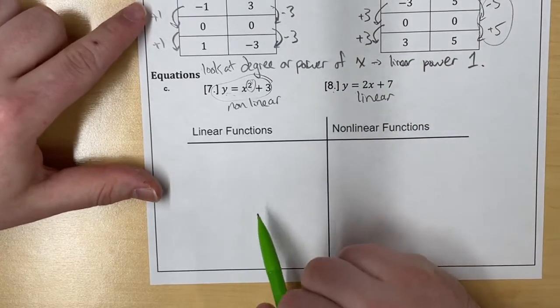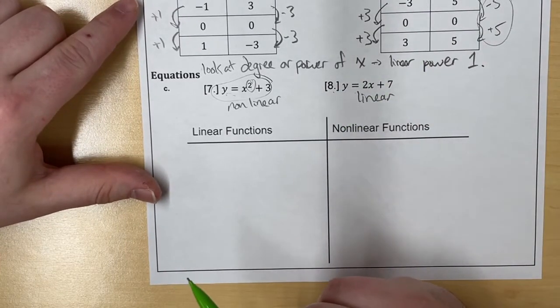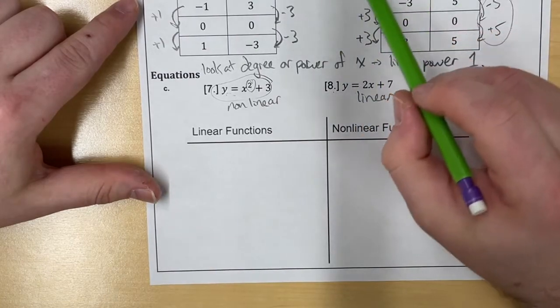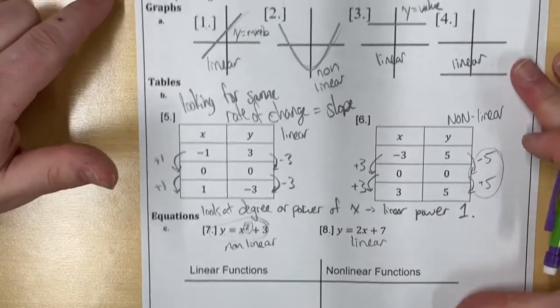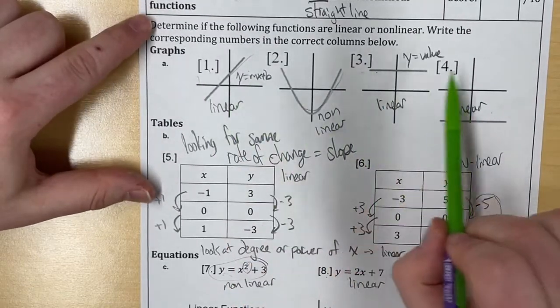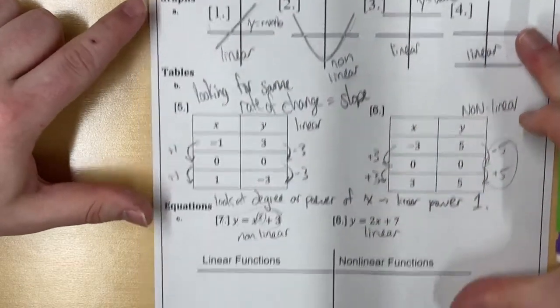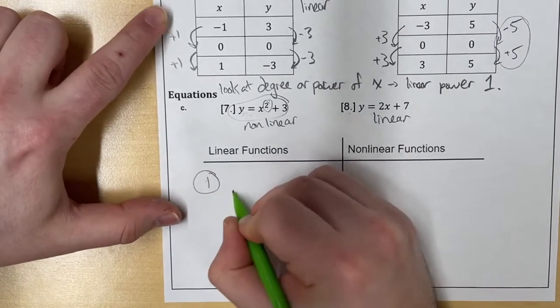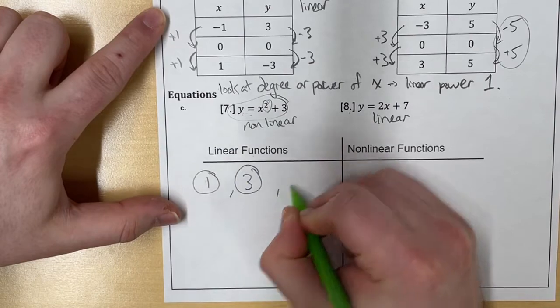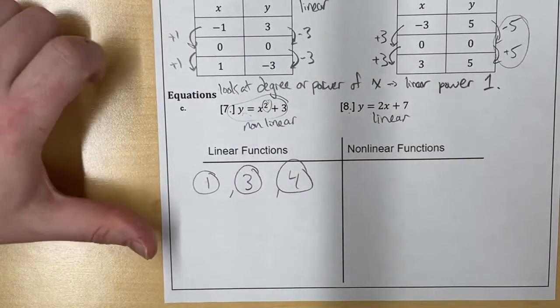So what you want to do here at the bottom is group those different representations. We can say, which ones were linear functions? If I go back up to the top, I have 1, 3, 4. Those are all linear functions.